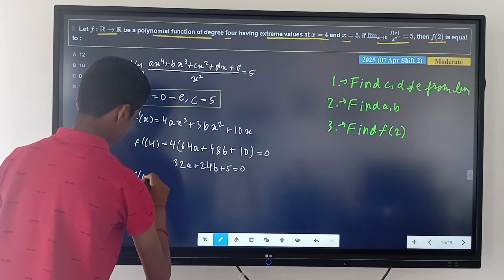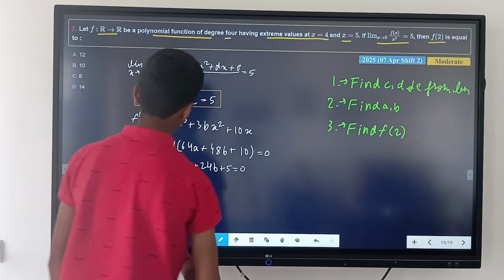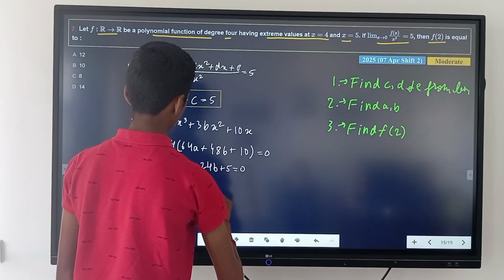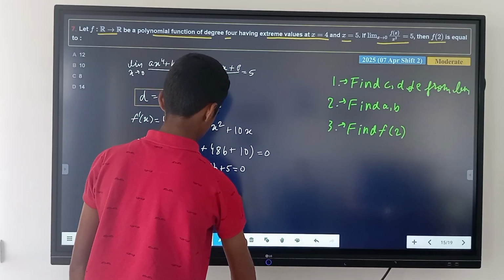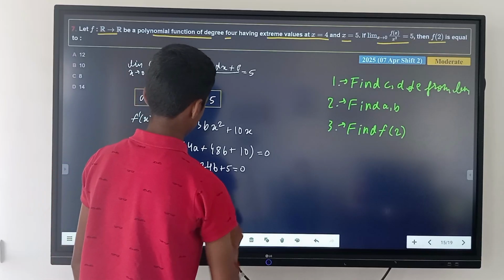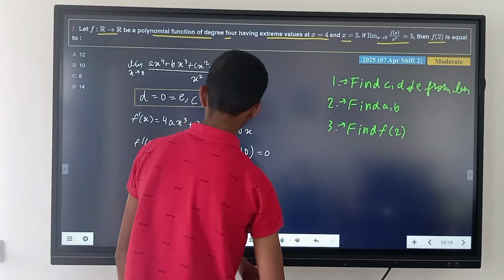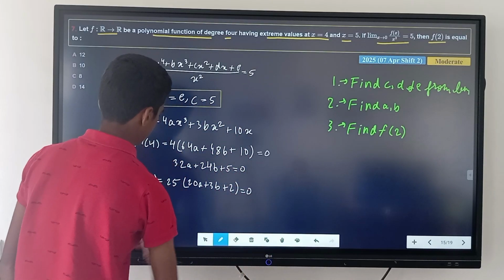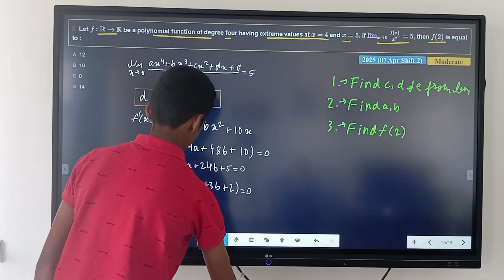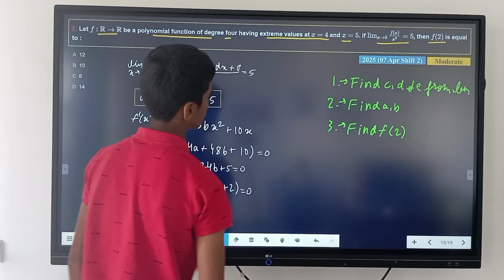Now f dash 5 is equal to, let's take 25 common, you will get 20a plus 3b plus 2 is equal to 0. Now from here let's separate 3b. 3b is equal to minus 20a minus 2.